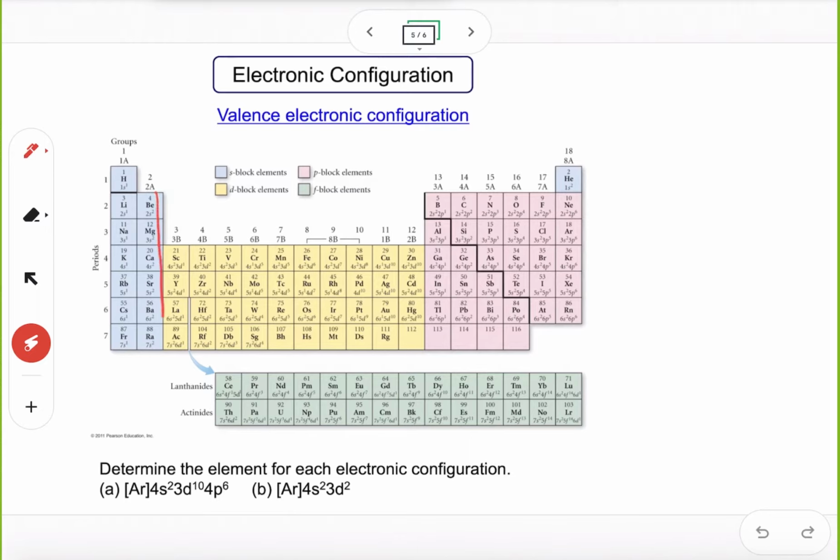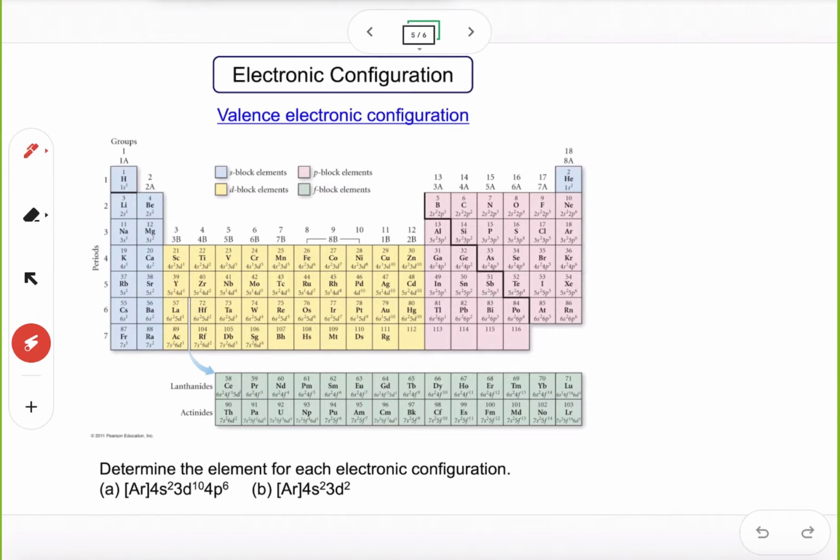For group 2, they have 2 electrons on the s orbital. And group 3A, you have 2 electrons on the s orbital and 1 electron on the p orbital. It's because they have a similar valence electronic configuration that we put them in the same group. They share similar chemical properties. That's the reason.